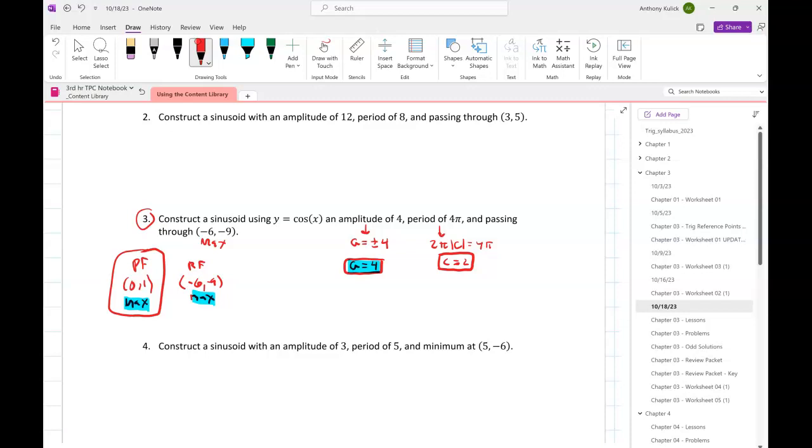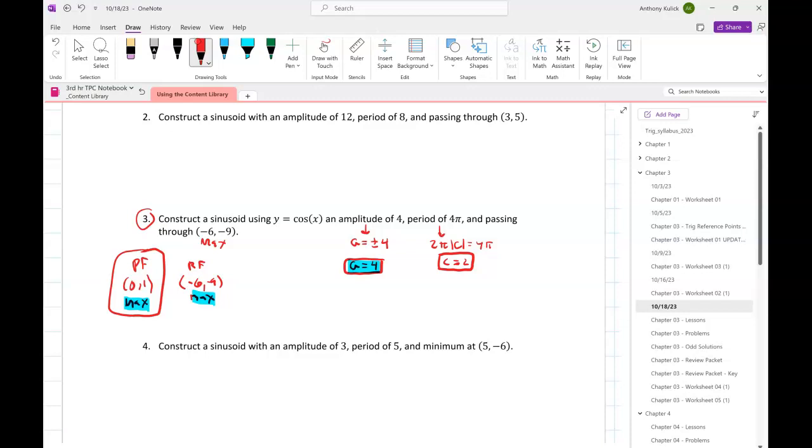Okay, what's up? Why did you decide to put the resulting function as maximum? Because it seemed easier. Because now they matched. Well, it didn't tell me what kind of point -6, -9 had to be. So I got to choose where I wanted that to fall in my function.